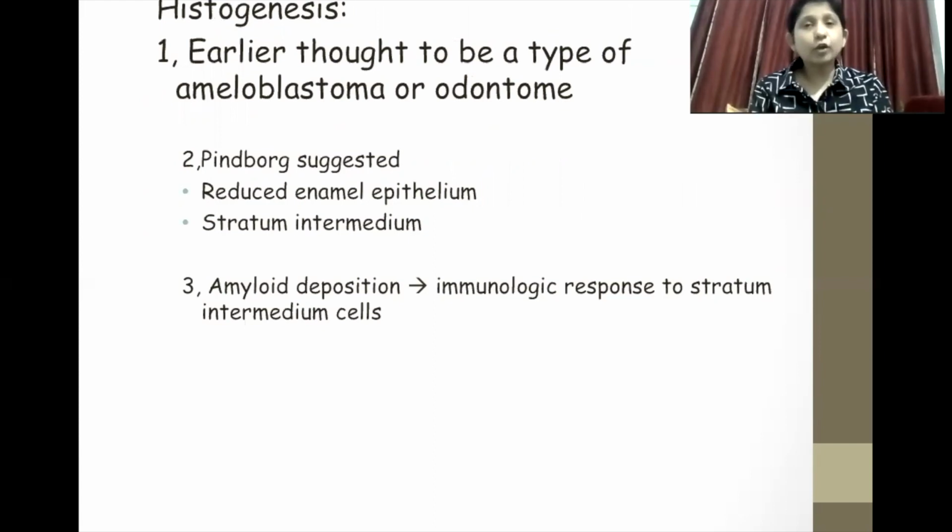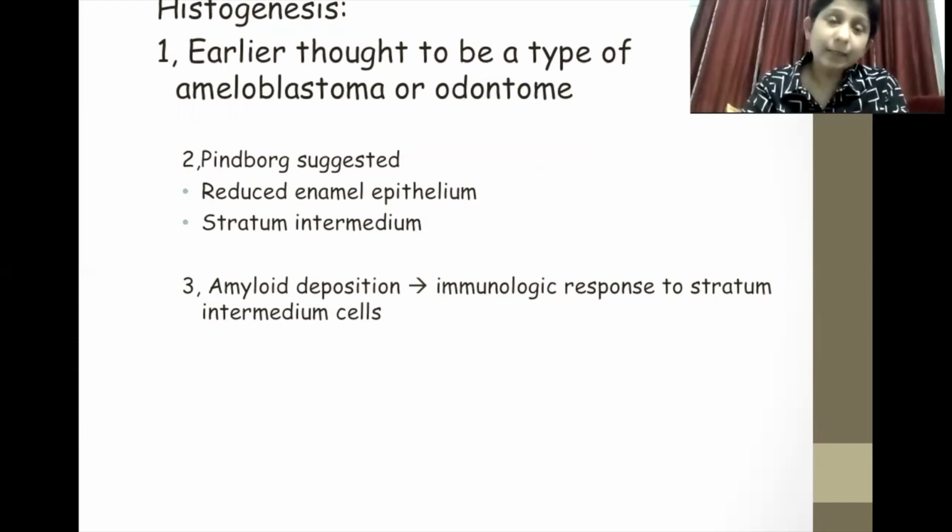So it was earlier thought to be a type of ameloblastoma or an odontoma. So concepts keep changing as and when, so based on the concept change, there'll be a lot of changes in classification as well. So earlier it was thought to be an ameloblastoma or an odontoma, but Pindborg later on suggested that it arises from the stratum intermedium or even from the reduced enamel epithelium.